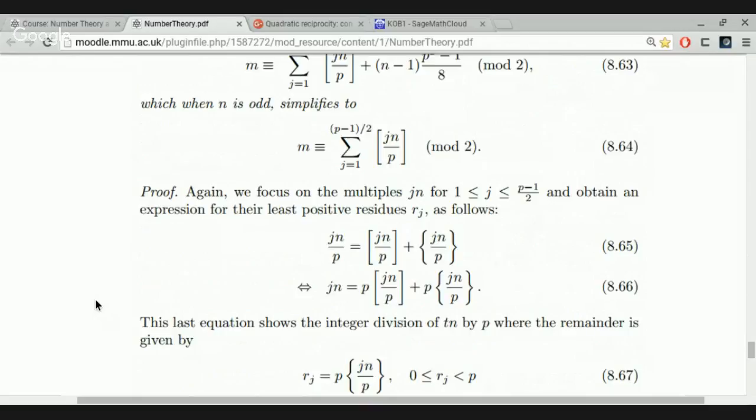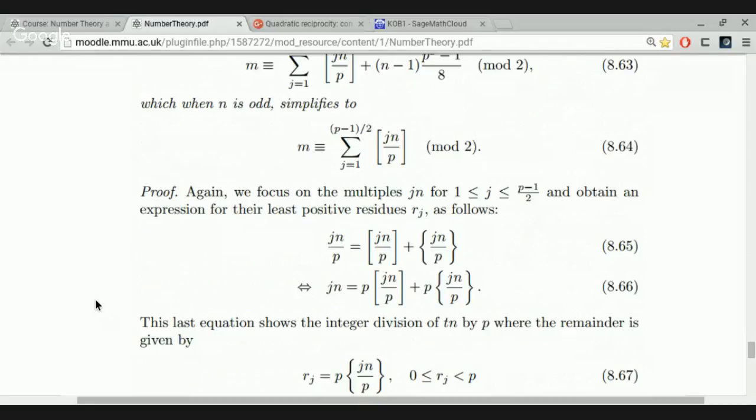So here we've got a large integer. It's some integer multiple of p plus a remainder bit, which is between 0 and p. So in other words, this is very familiar to us. This is integer division of j times n by p. We write the large integer jn as some number of times p plus a remainder term, which is p times the fractional part, and the remainder term is between 0 and p.